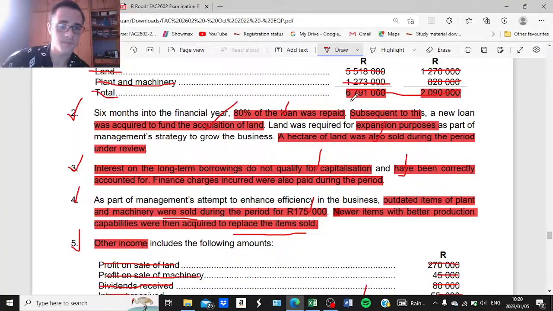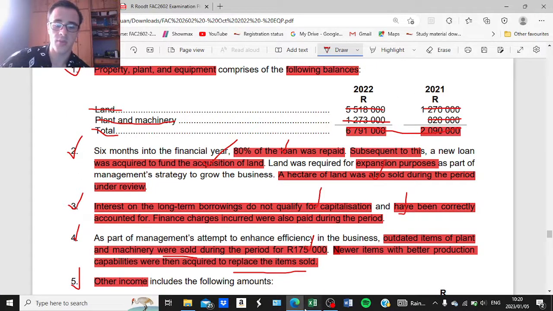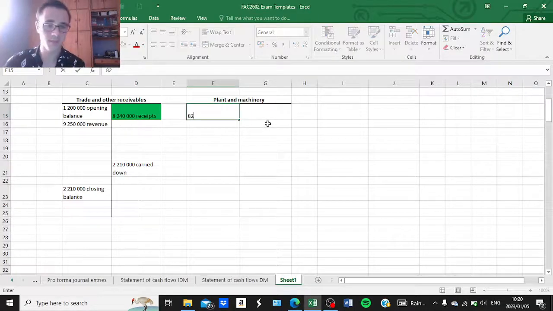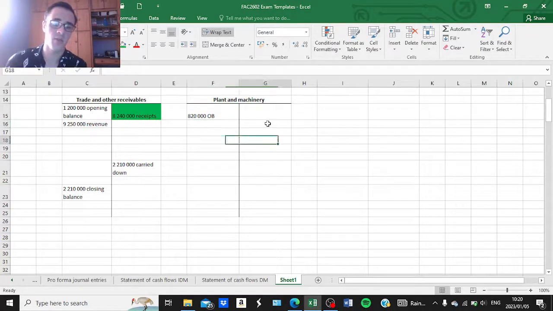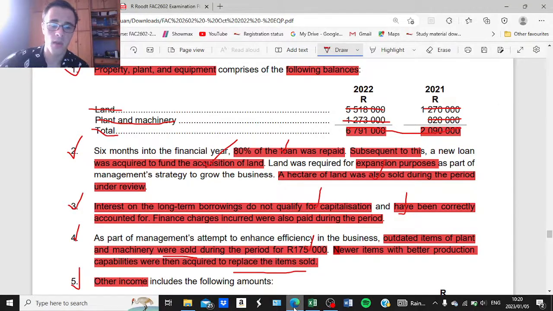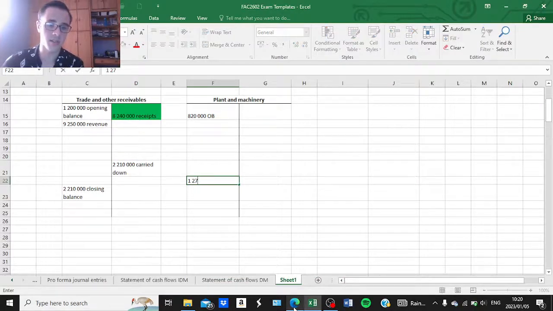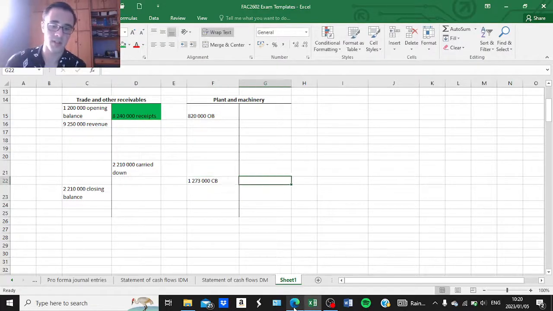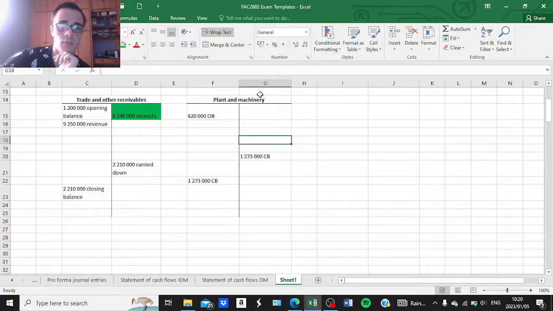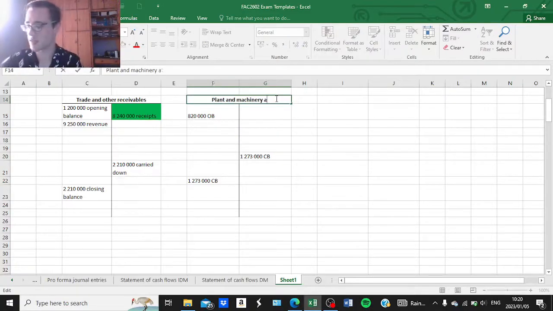So we are given the plant and machinery opening balance of 820. We had a closing balance of 1,273,000, which was carried down from the credit side. And remember that this is shown at carrying amount.